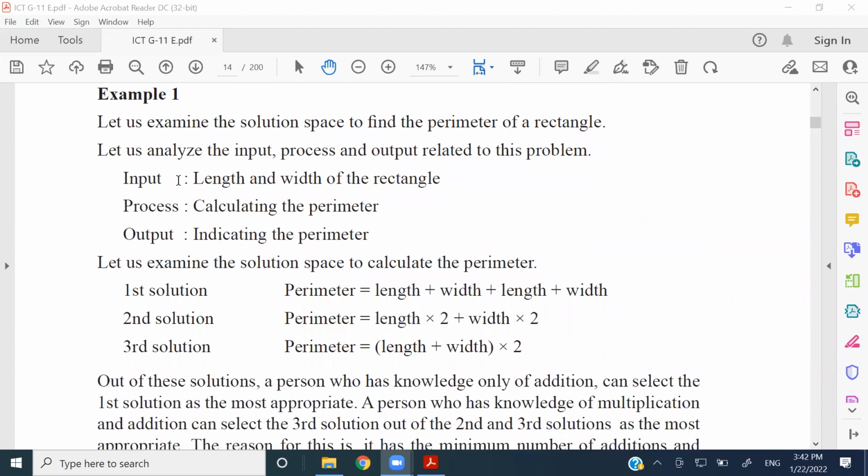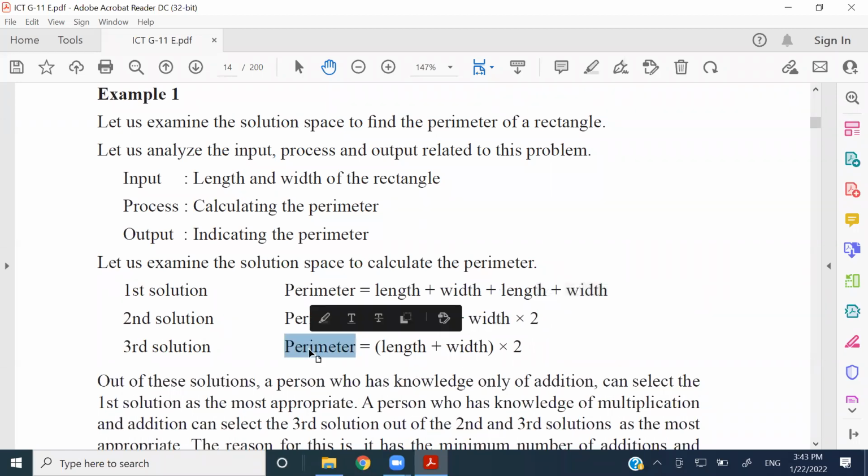Like they have shown, in the process of taking a perimeter, which I was talking about, we can have solutions like this. So the first solution can be take length plus width, and again length plus width will give you a perimeter. So the second one, we can do it like length into 2, add the solution with width into 2.